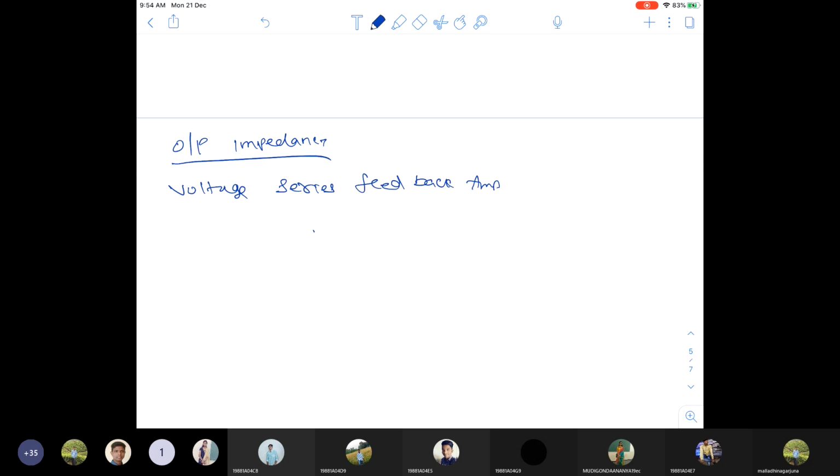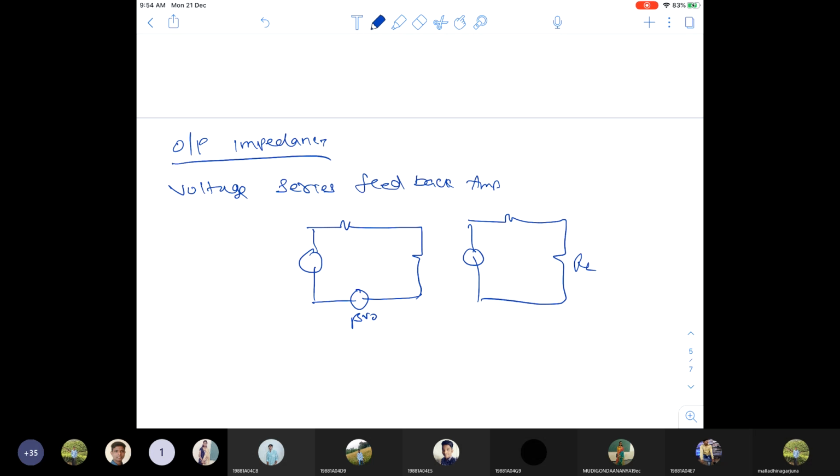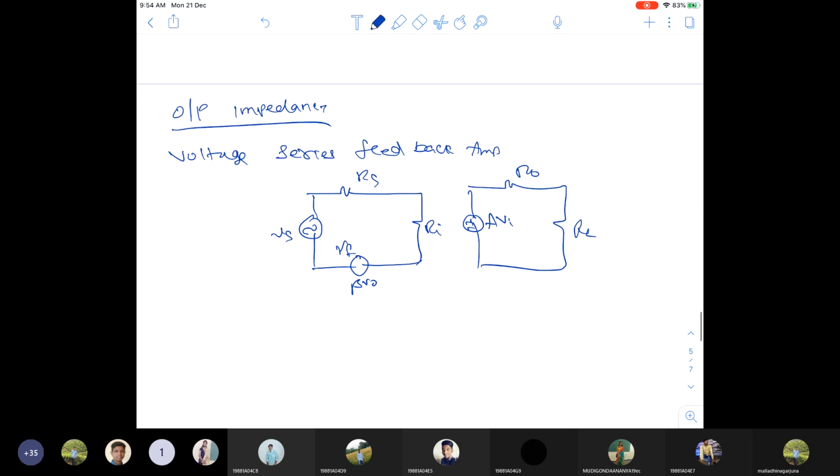The structure is this: RL, R naught, A into VA, RA, RS, VS, and this is VA. This is the voltage series feedback amplifier.